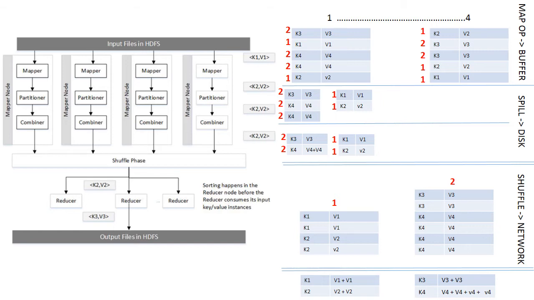But the hash function outputs are integers, and you divide the output of the hash function by the number of reducers you want for that job. So if you divide by, let's say, 500, then you are going to have 500 unique remainders.